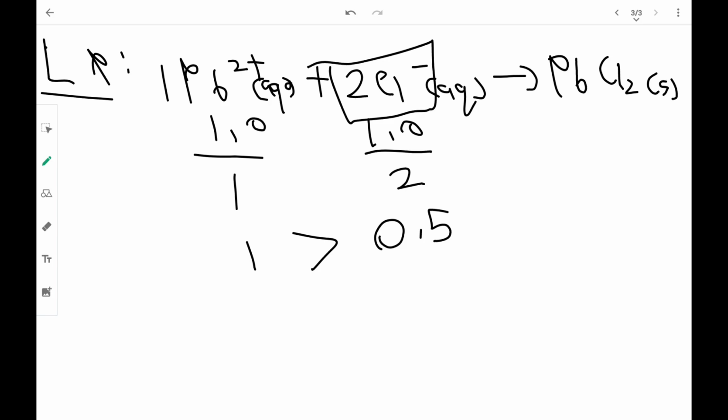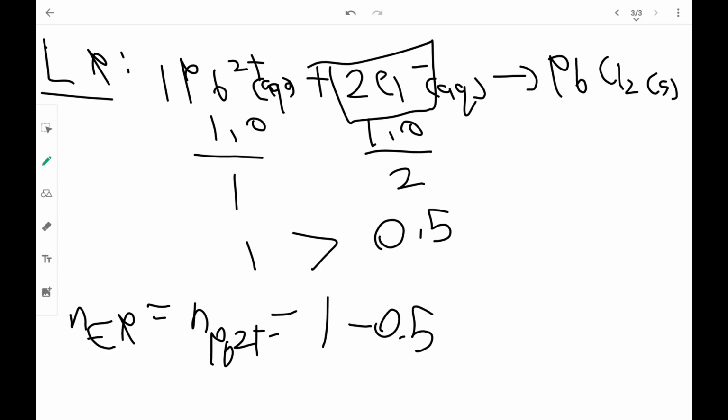Now let's find the number of moles of the excess reagent, which is Pb²⁺, which is 1 minus 0.5, which is 0.5 moles.